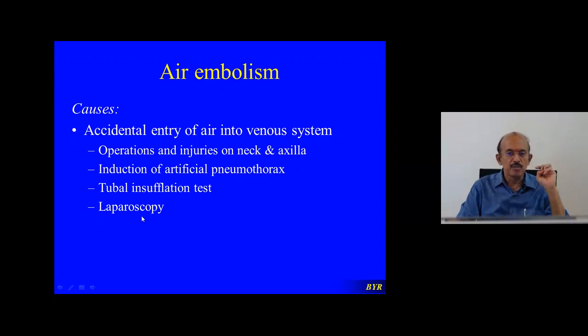inflation causing air embolism, during laparoscopy you do not inject air or oxygen into the peritoneal cavity. You do this procedure with carbon dioxide because carbon dioxide is soluble in the plasma. Oxygen is not soluble.